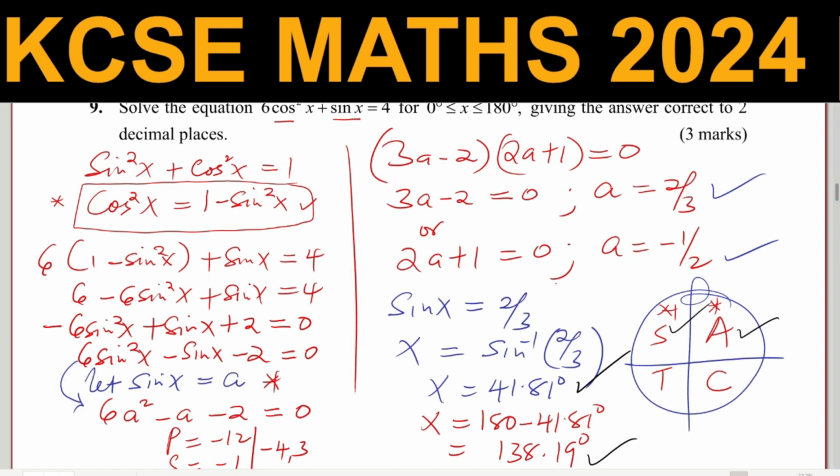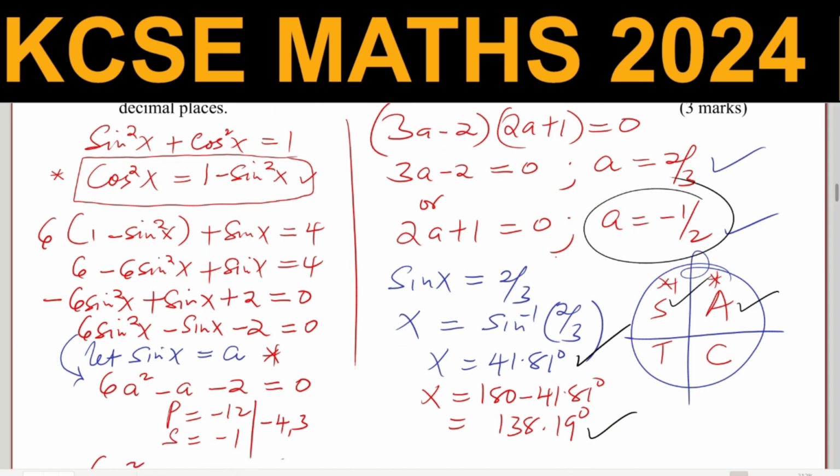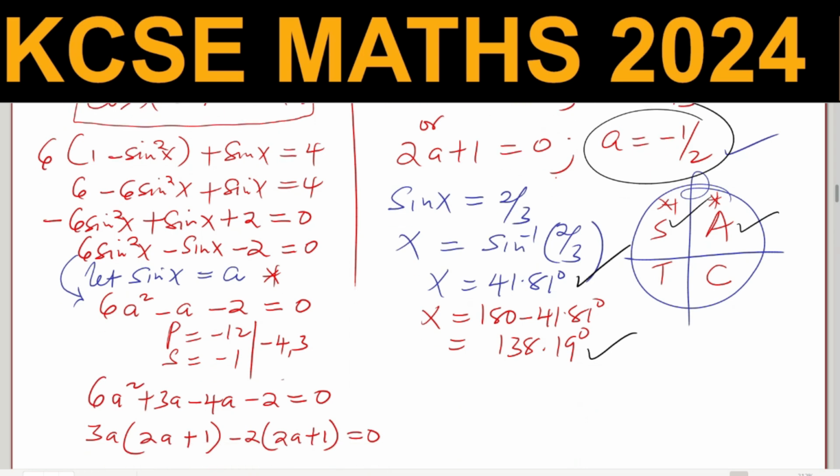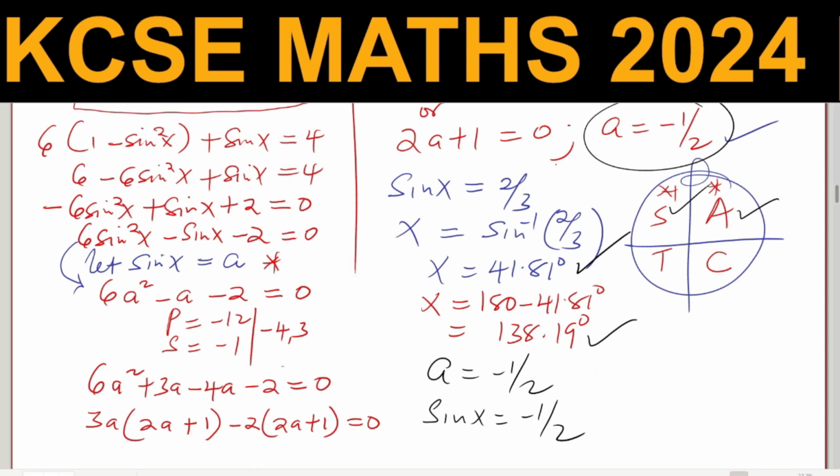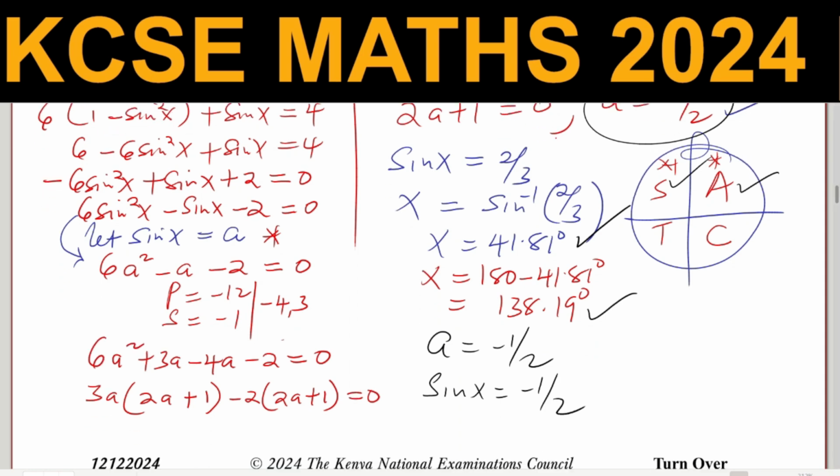Now for the other solution, a equals negative a half. This will give sine x equals negative a half. We will not need this one. We are going to ignore this, because it will give us where sine is negative.